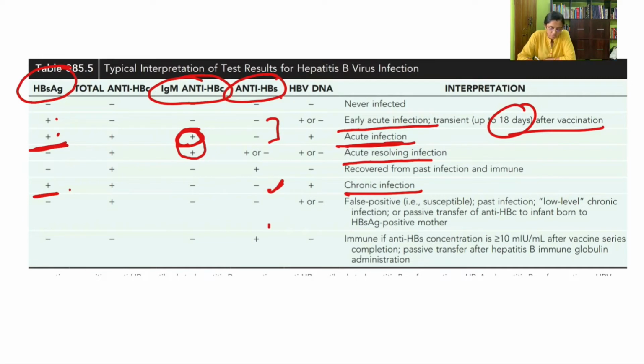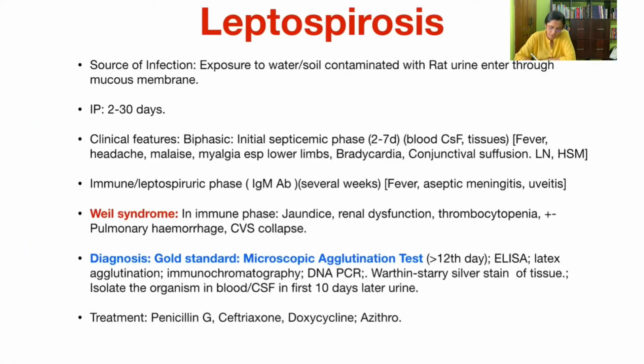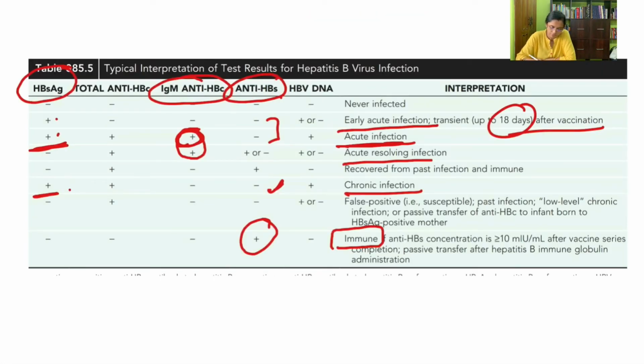When anti-HBs becomes positive and all the others are negative, the patient is considered to be immune. If he is not having any other antibodies positive, only anti-HBs is positive, then he is immune because of the vaccine.